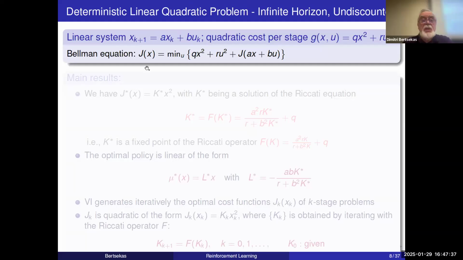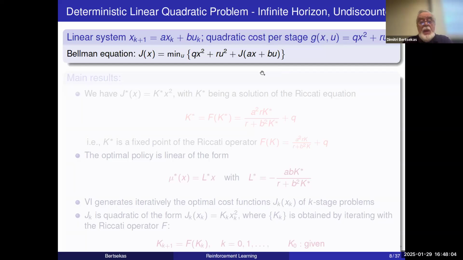Okay, so let's go to linear quadratic problems, and we focus on a one-dimensional problem involving a linear system with A and B being scalars that are known, and a cost that's quadratic with positive coefficients Q and R. The Bellman equation is given by this expression, and J star is a solution of this Bellman equation.